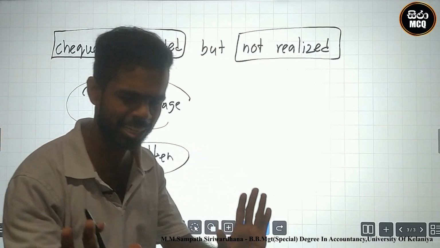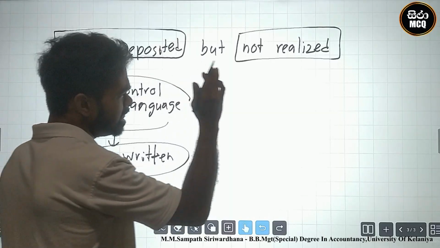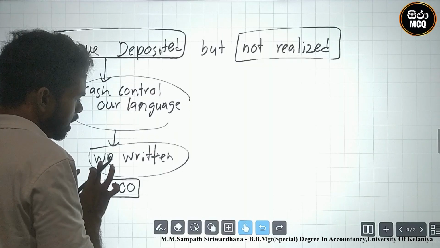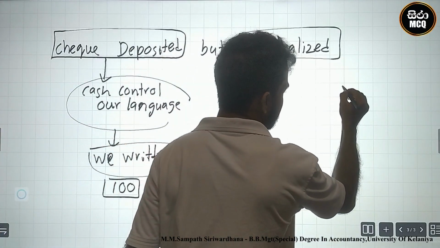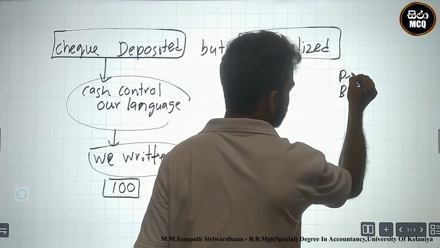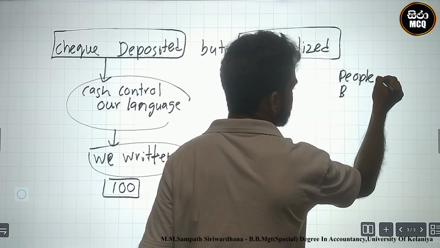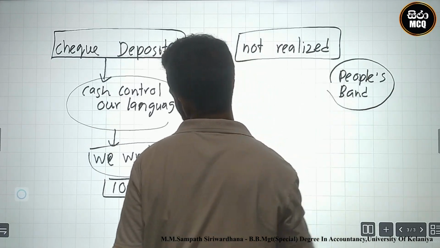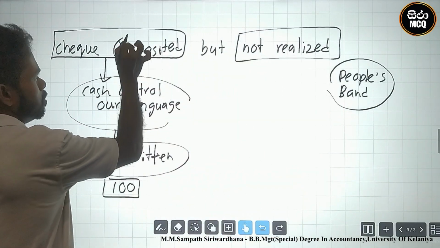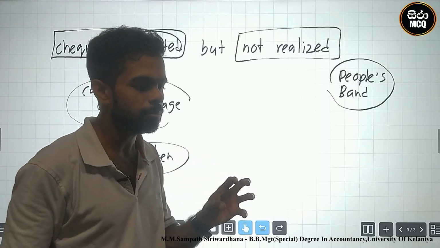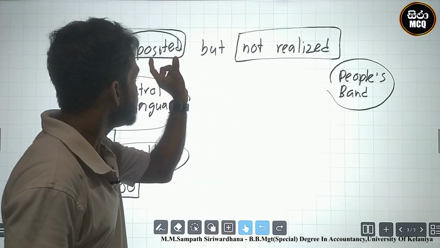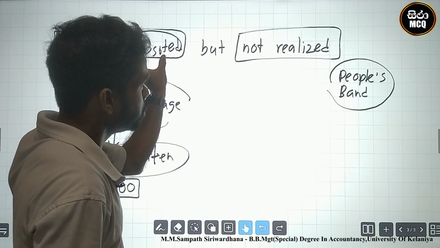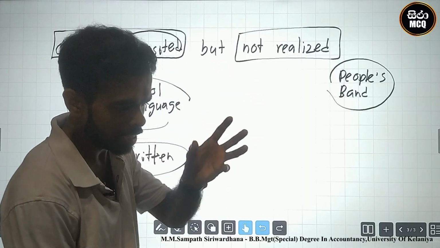We deposited 100 rupees in checks, but they said not realized. What is the meaning of not realized? Sometimes the bank, People's Bank, uses another word for deposit. The same meaning is created through another word.